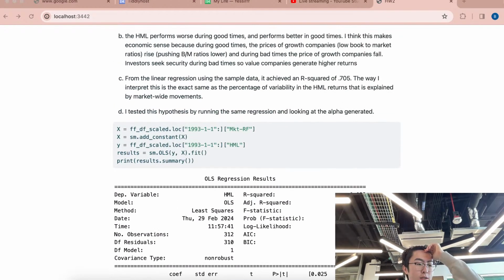So this question is, how would you test the hypothesis that long value short growth outperforms the market? Have the returns on the strategy waned since the attention? How do we test this strategy?